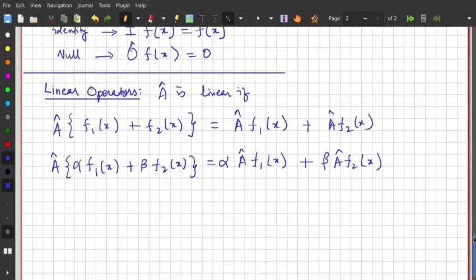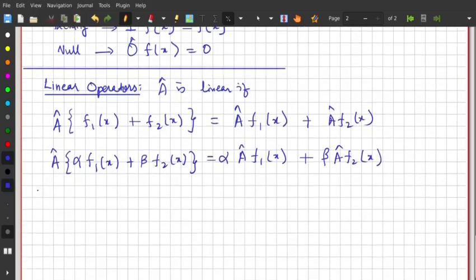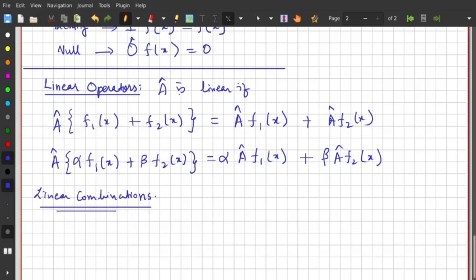As you can see, what we are doing is linearly combining. These are linear combinations. That's what we mean by linear operators in general.